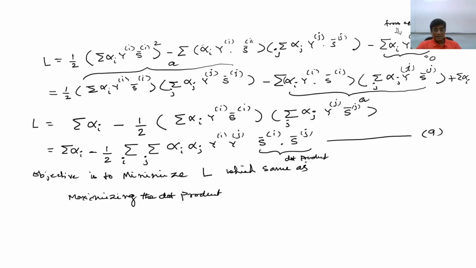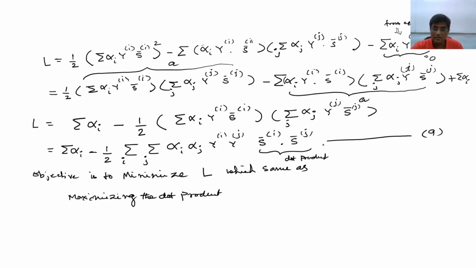We introduced the geometric maximum margin concept, which will solve our purpose. Our purpose is to design a sophisticated classifier which will always maintain a maximum distance between two classes and thereby give you better accuracy. That objective will be fulfilled if I can maximize the dot product between the support vectors.